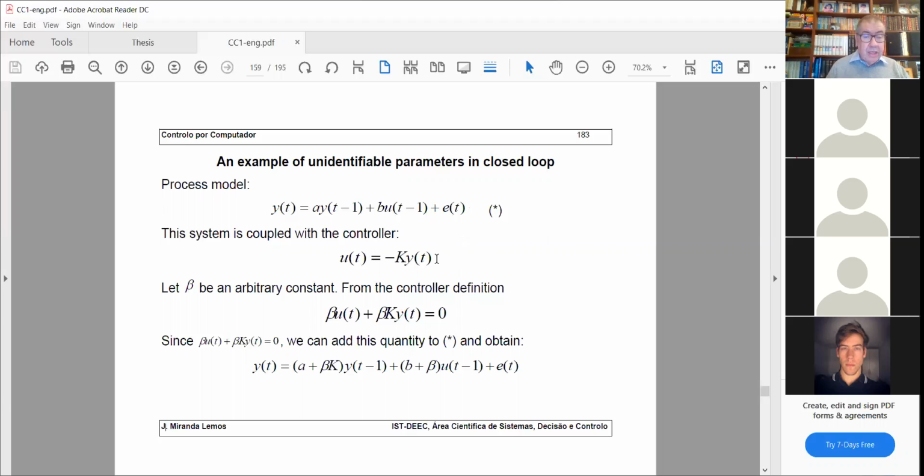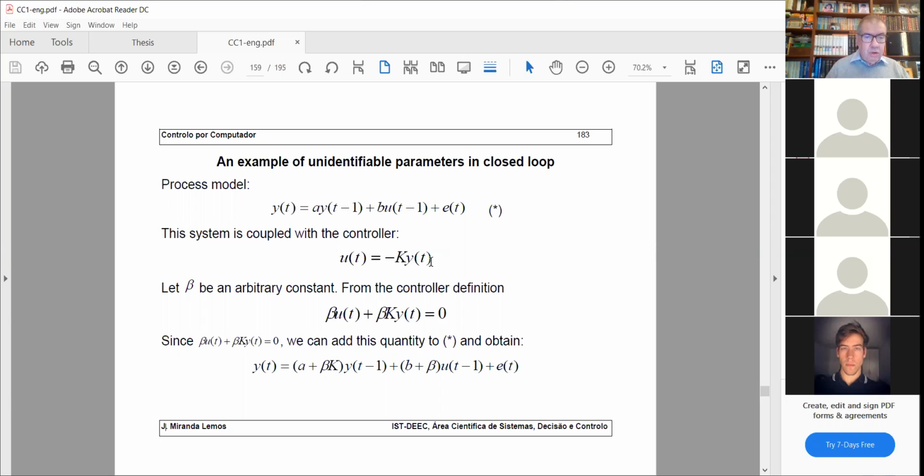So whenever you have identifiability problems, you need either to reduce the number of parameters that you have, and above all, to have a better excitation of your system. So the trick here is usually to add some signal. Okay? Now, this controller regulates the state to 0.